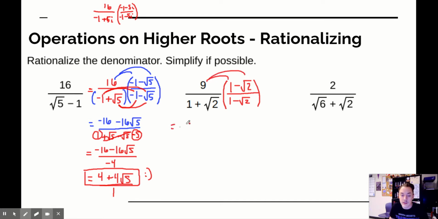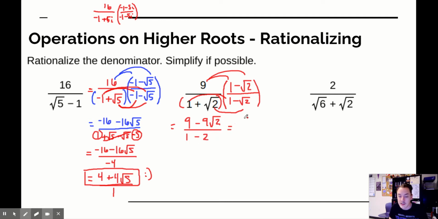So this is 9 minus 9 radical 2. And then when I multiply this, I just want the first term and the last term, because the middle terms, the outer and the inner, will go poof, just like what happened here. Trust the math. So 1 times 1 is 1, and then radical 2 times negative radical 2 is just minus 2.